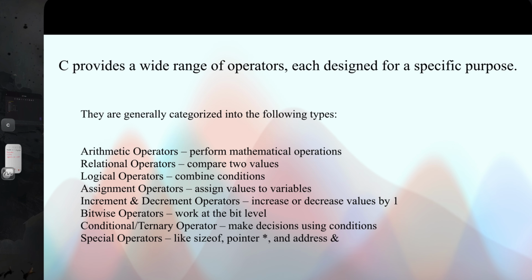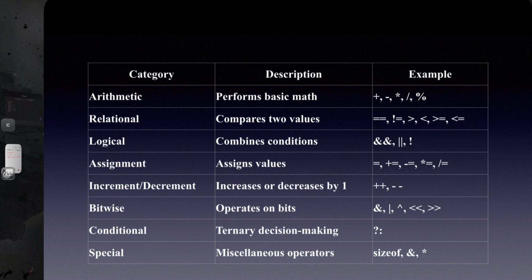They are mainly categorized into arithmetic operators to perform mathematical operations, relational operators compare two values, logical operators combine conditions, assignment operators assign values to variables, increment and decrement operators increase or decrease values by 1, bitwise operators work at the bit level, conditional or ternary operators make decisions using conditions, special operators like sizeof, pointer, and address. Let's look at each of them briefly.